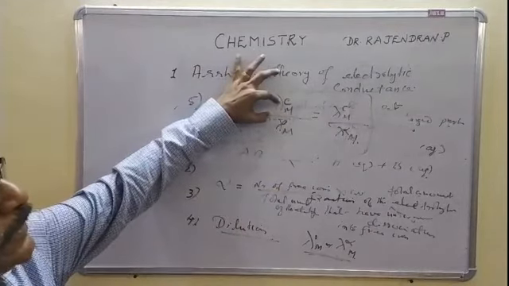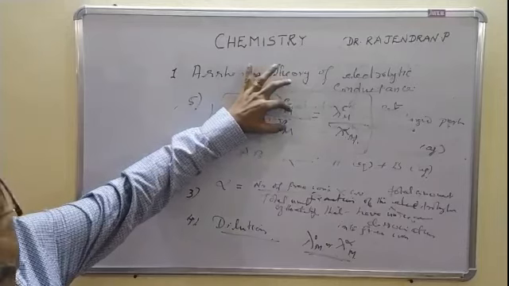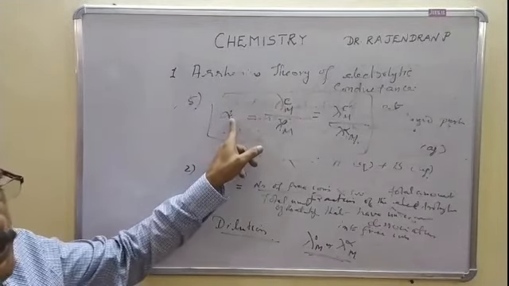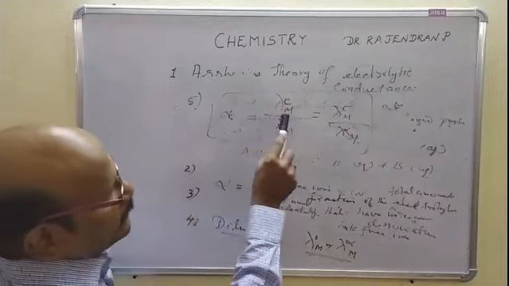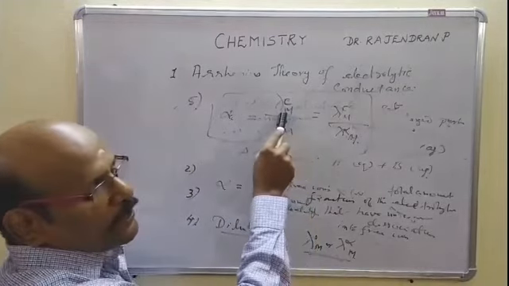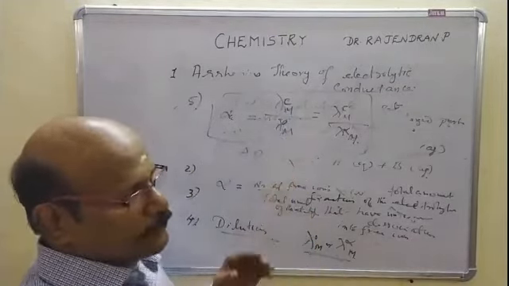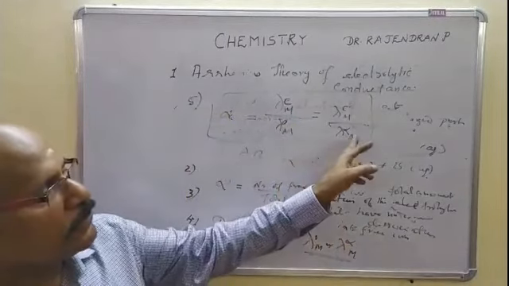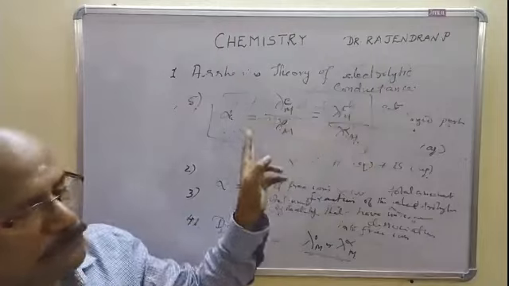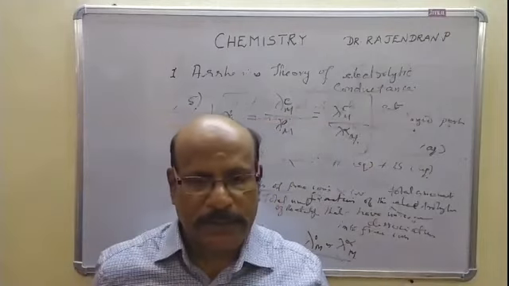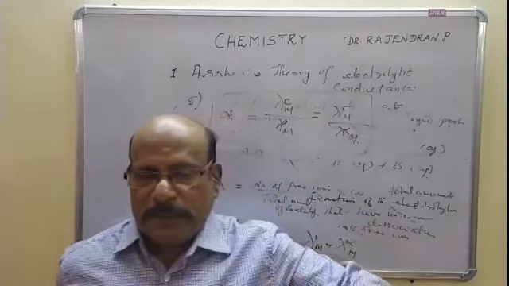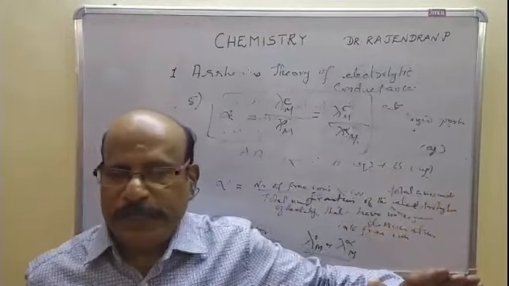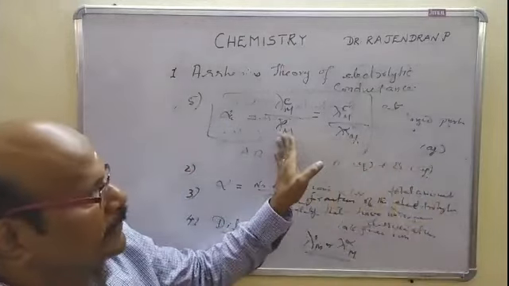By knowing the molar conductivity of the electrolyte at infinite dilution, and by knowing the molar conductivity of the electrolyte at a given concentration, it is possible to determine alpha, the degree of dissociation at that particular concentration. That is the ratio of the molar conductivity at the given concentration to the molar conductivity at infinite dilution or zero concentration. It is easy to see because at infinite dilution there is complete dissociation of the electrolyte, so the number of ions is maximum.